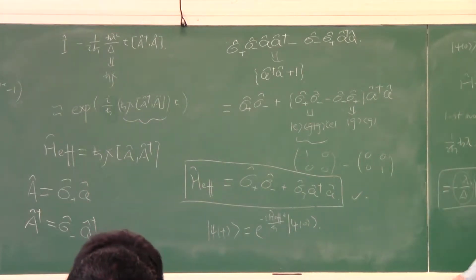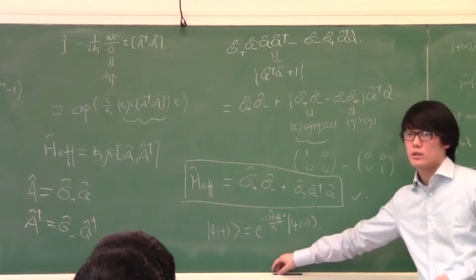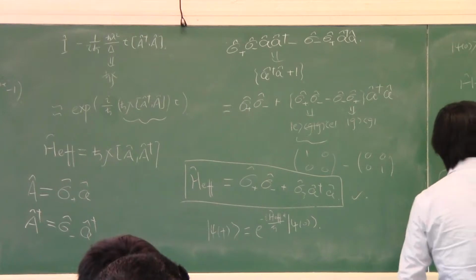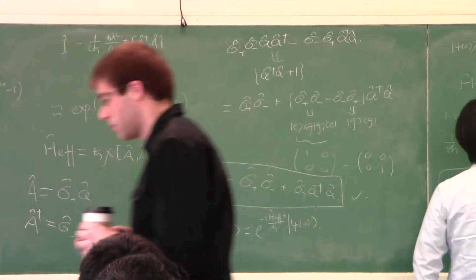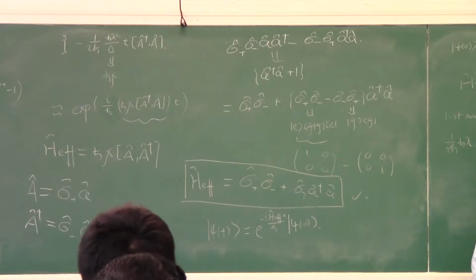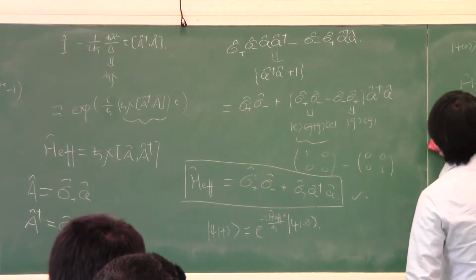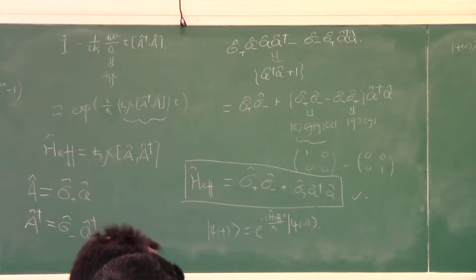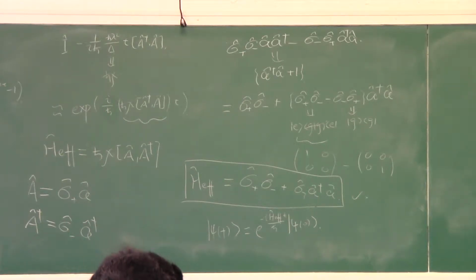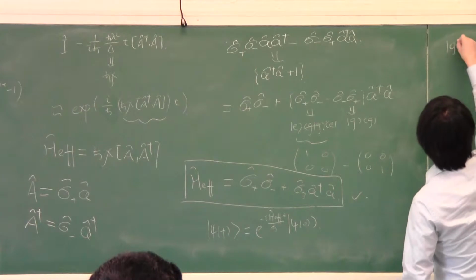So let's consider some composite state of the field and the atom. Think about if we started with the atom in the ground state and the field in some number state.